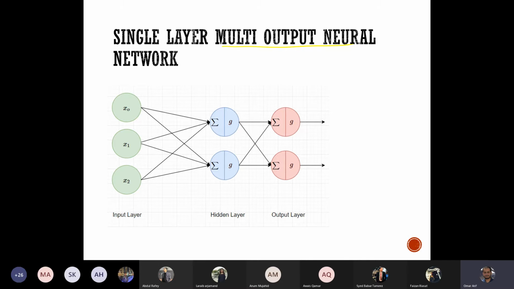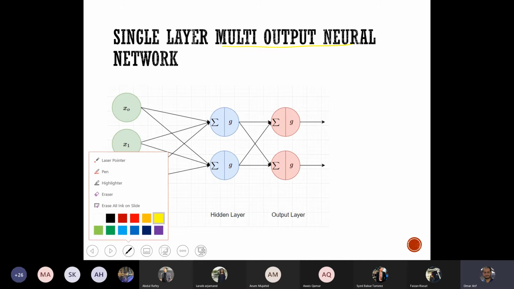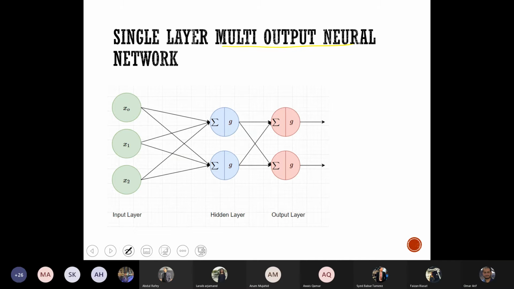And that is not all. What you can do is add hidden layers, more hidden layers as well. For example, let me give you an example here. This is your input layer, for example. Then you add two hidden layers. So this is the first hidden layer, this is the second hidden layer, and this is the output layer.